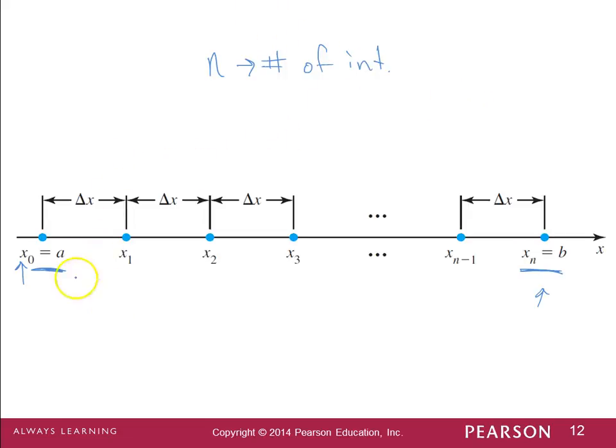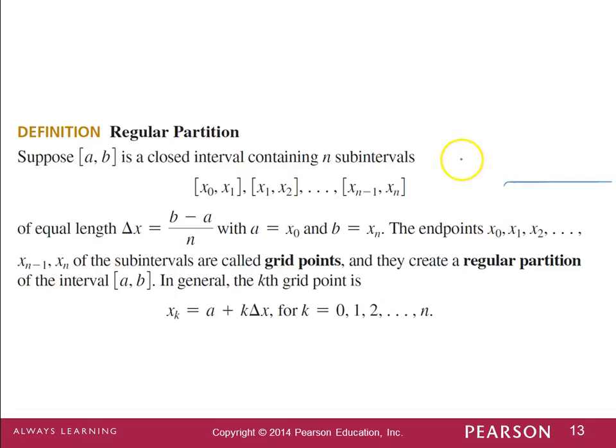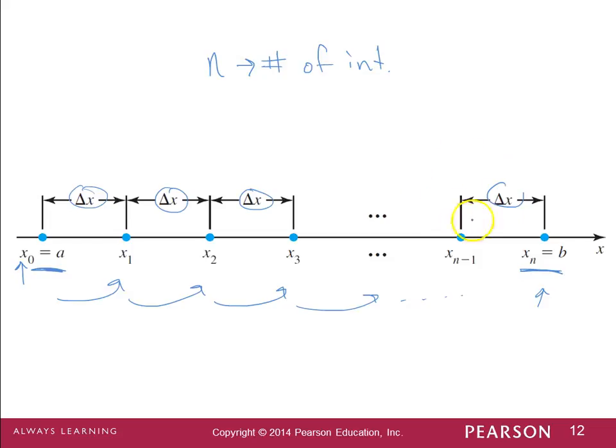To find each subsequent x, whether it's x1 or x2 or x3 and so forth, all we have to do is look at delta x, our difference in between. That delta x is constant, and it's the same for all the spaces in between, x2 and x3, x15 and x16.